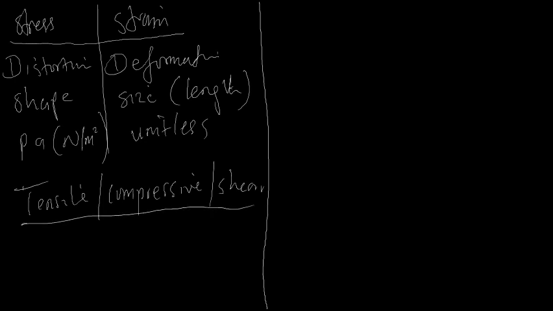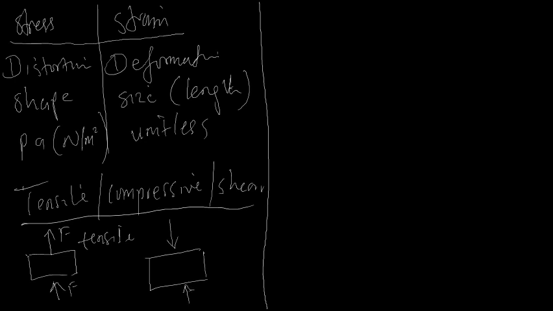Okay, now if I have this body like this, and this force and this force tends to pull this body apart, that's tensile force, okay, which will eventually bring about tensile stress or strain. Okay, now if the forces are in this direction, they tend to squeeze the body to bring about distortion.